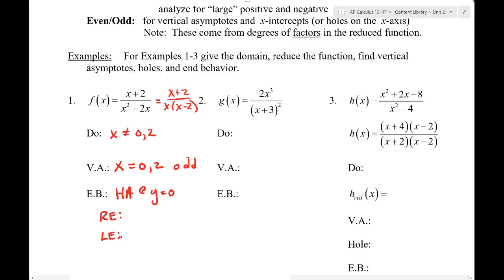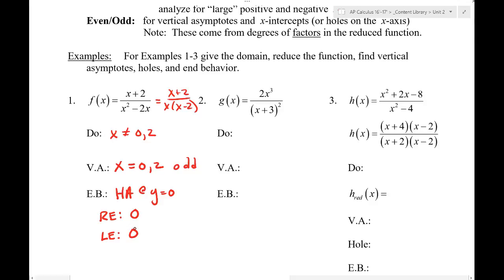Where's my right end going? 0. Where's my left end going? 0. Okay, so they always go to that asymptote. Good there? Wait, so the end behavior, you always just put the right and the left? Yep, you have to include right and left, the horizontal asymptote, so it just makes it easier.